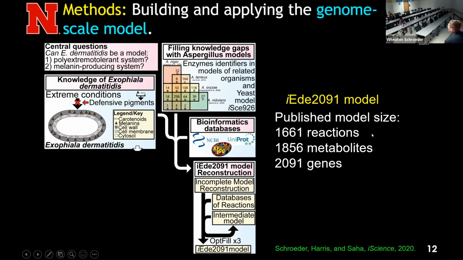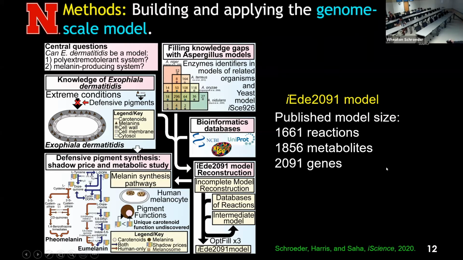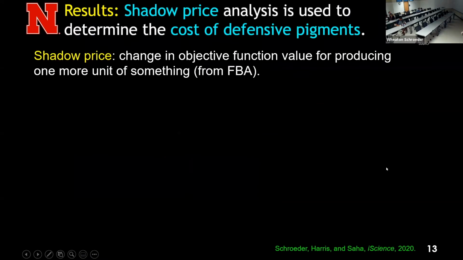It accounts for about 1,700 reactions, about 1,900 metabolites, and about 2,100 genes. Now that we've recreated our model with this new genome-scale modeling tool, we can begin to answer our research questions. If you recall, our first research question is, what is the cost of these defensive pigments to the organism? To do this, we use a concept called shadow price.